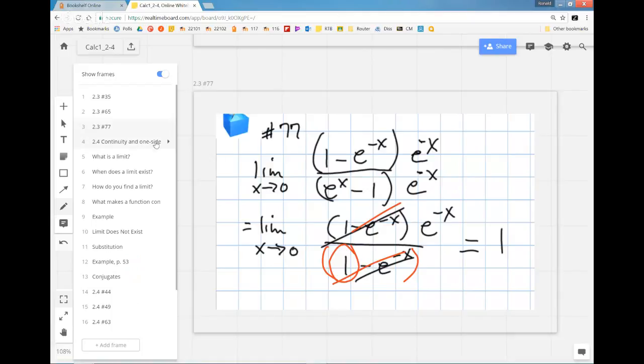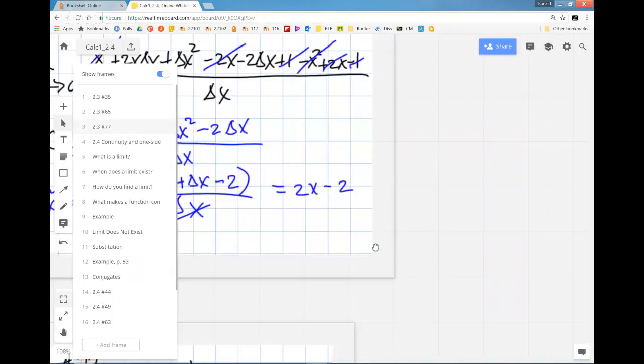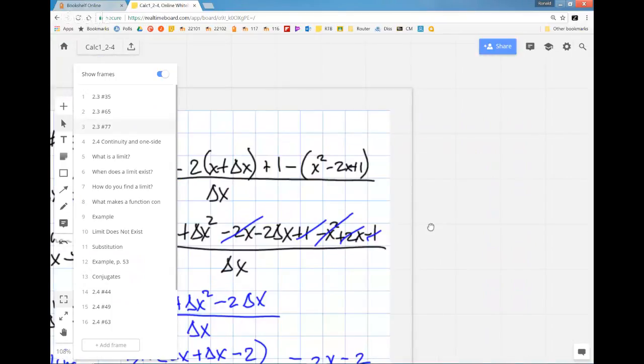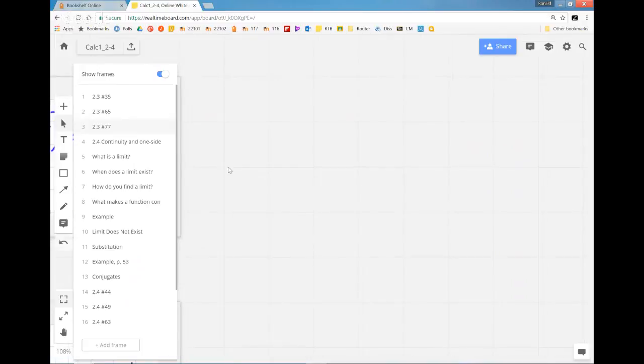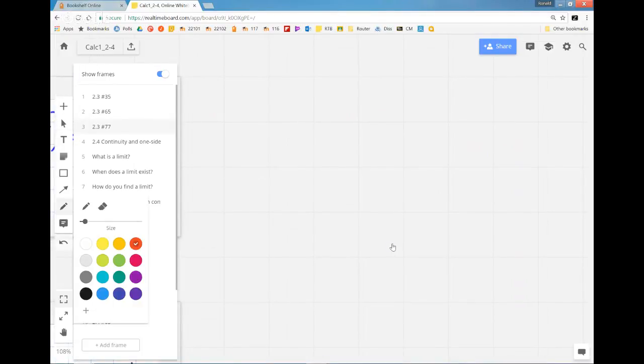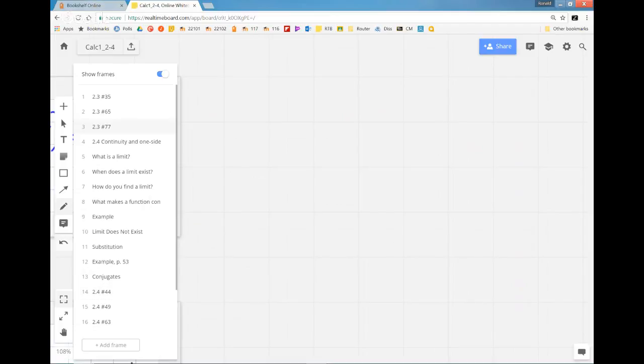All right, now I want to add to that a few other problems. This comes from some of the requests. Number 61 was asked about. Let's put that over here on the side. Okay, number 61. Let's change to black. Get rid of my keyboard so it's not in the way.